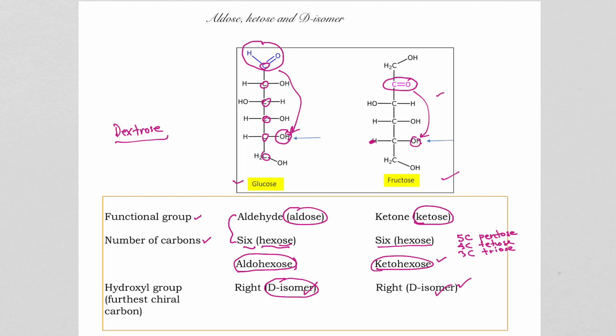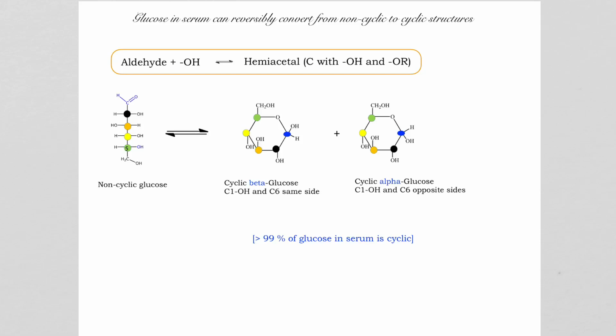Okay, so those are some of the definitions for glucose. Now, how does glucose exist in serum or in water in general? Well, this is a very interesting and very, very important concept to understand because this relates to diseases such as diabetes.